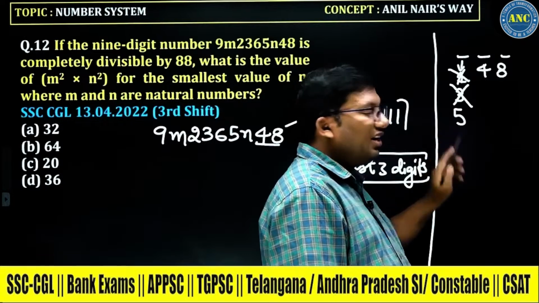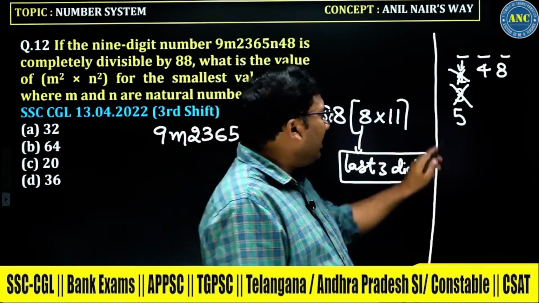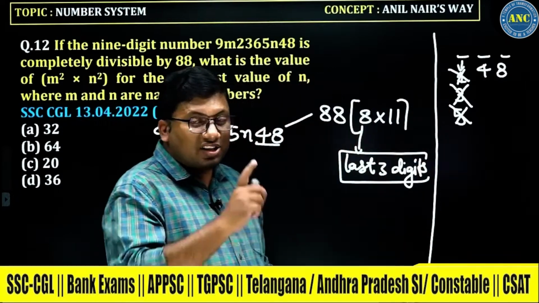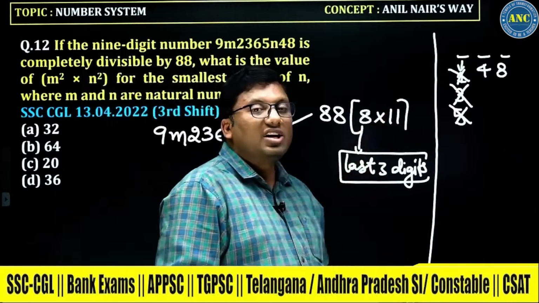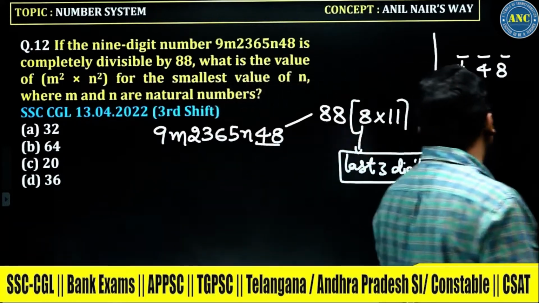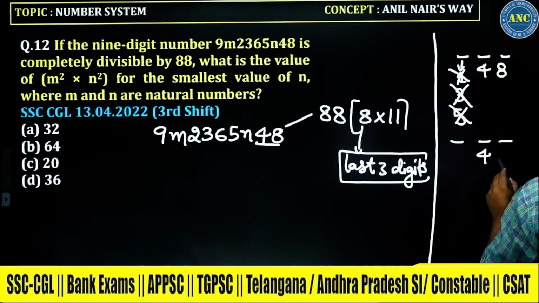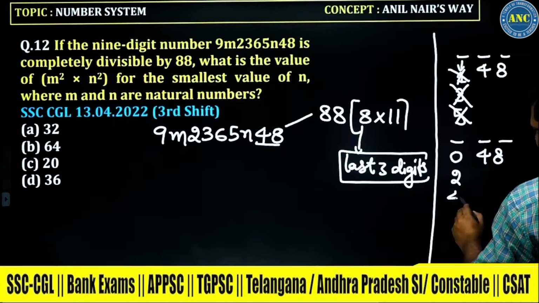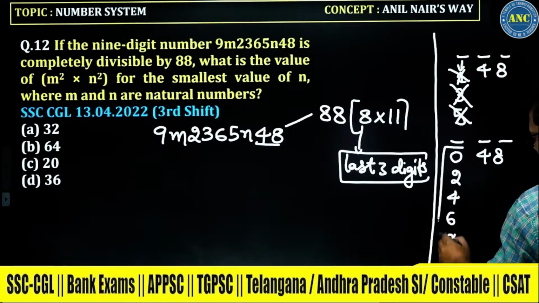If I take 5: 8 6s are 48, 548, not possible. That means an odd digit is not taken in the hundreds place. Let me take an even digit. It can be 0, 2, 4, 6, or 8.